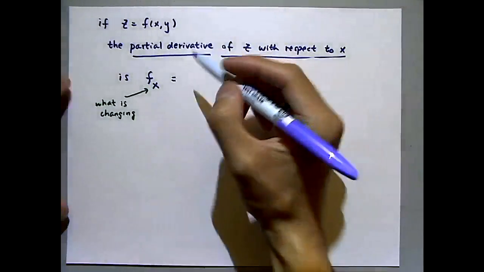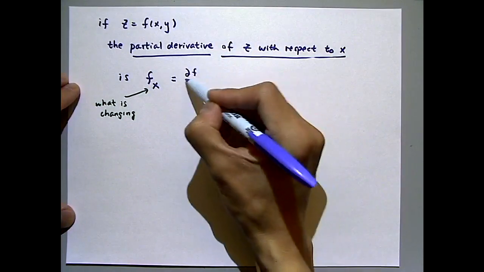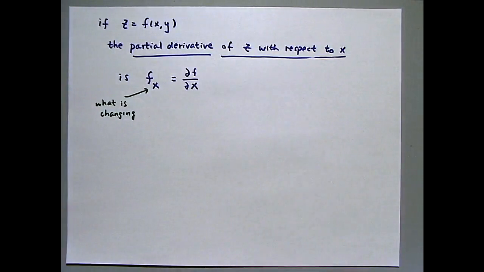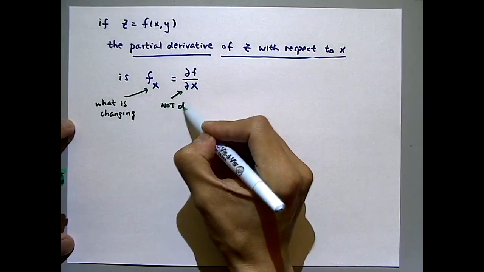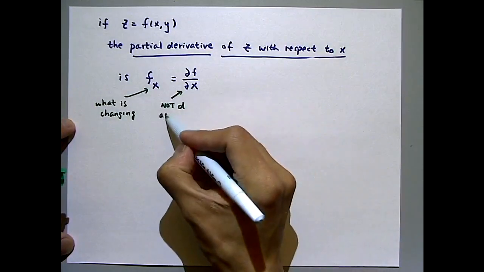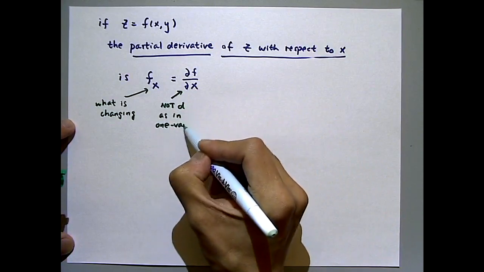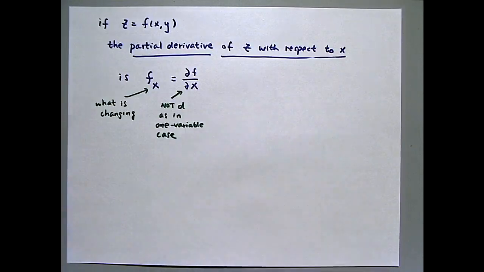You write this a really strange looking d this way, very scripty or very deformed d if you want. So a funny looking d. Be sure that you differentiate the two different d's here.